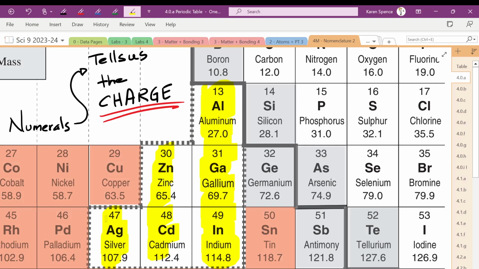Can you guess the charge of silver? +1. So if you want to, in pencil, you can write +1. Can you guess the charge of zinc and cadmium? +2. And how about aluminum, gallium, and indium? +3.